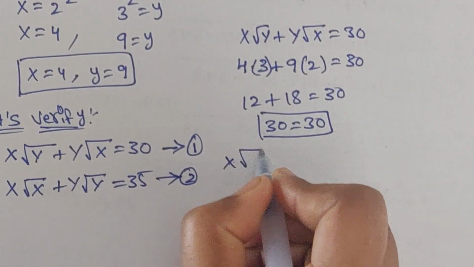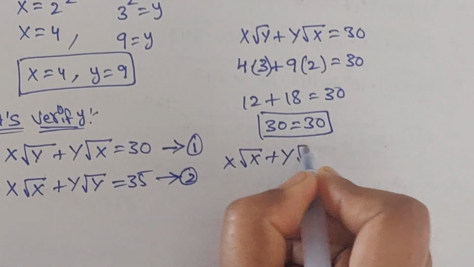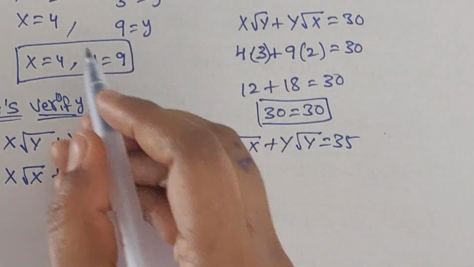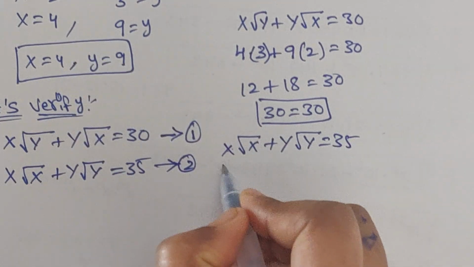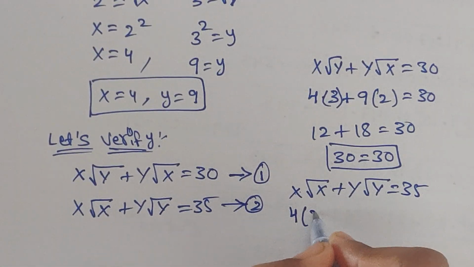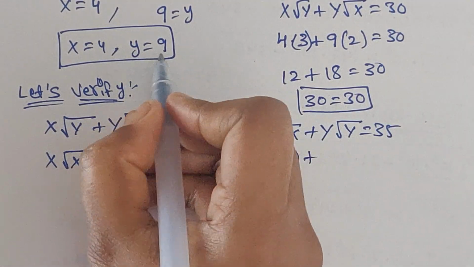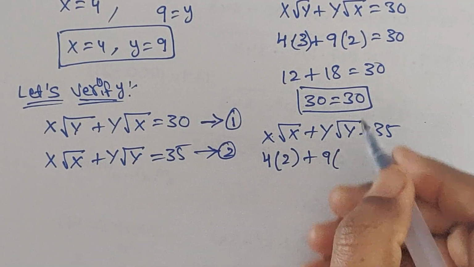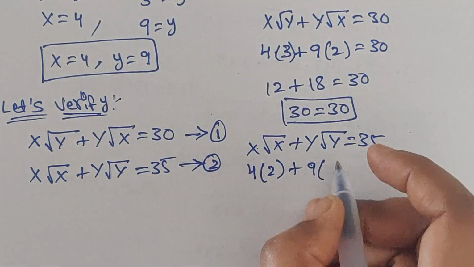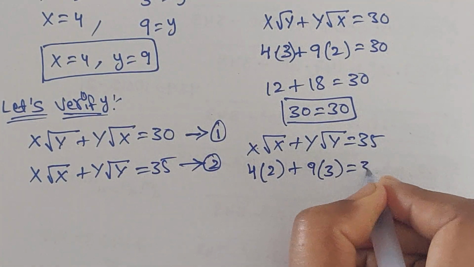Let's verify with the second equation. x square root of x plus y square root of y equals 35. So x value is 4 and square root of x value is 2, plus y value is 9 and square root of y value is 3, equals 35.